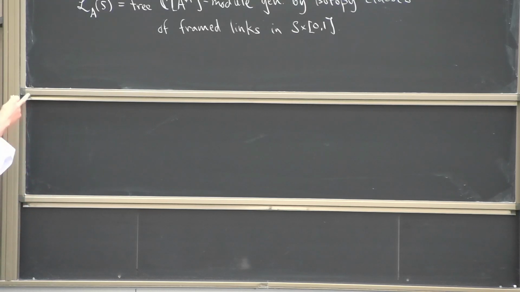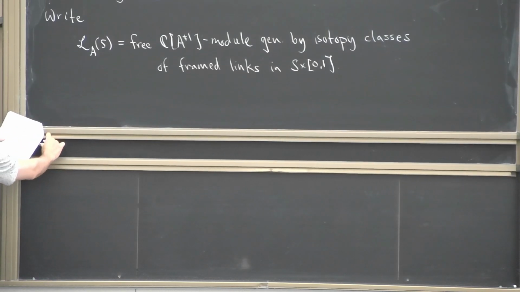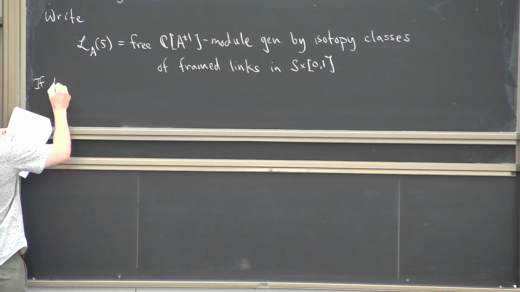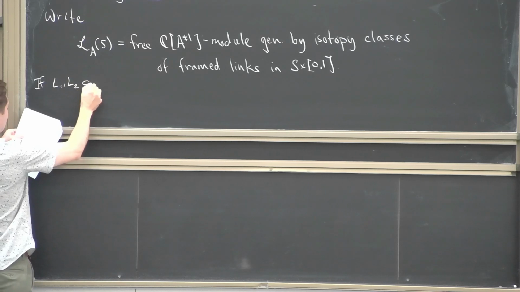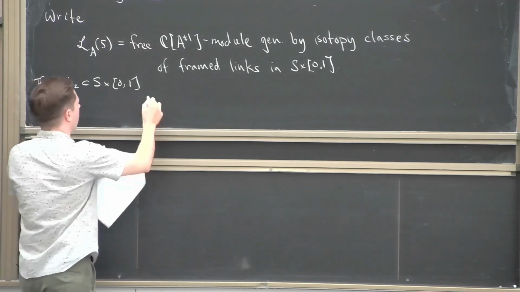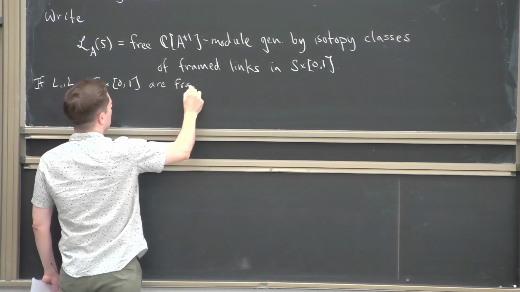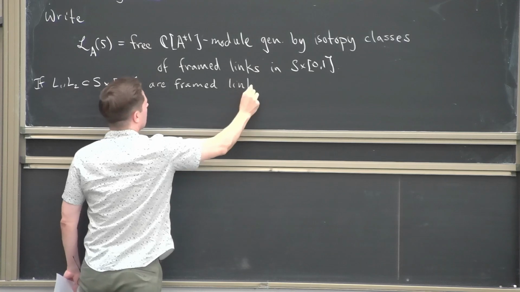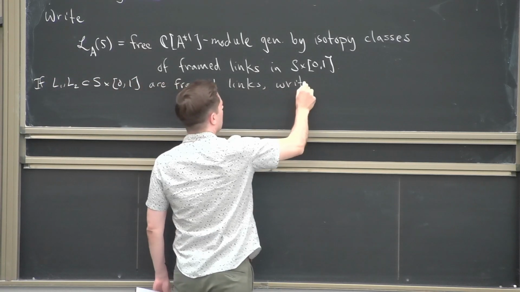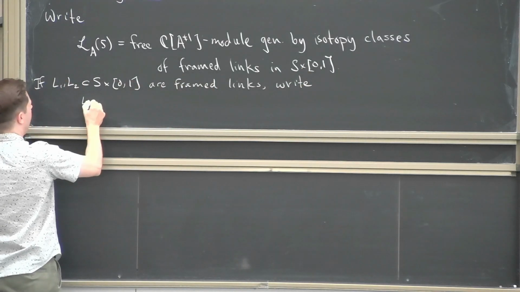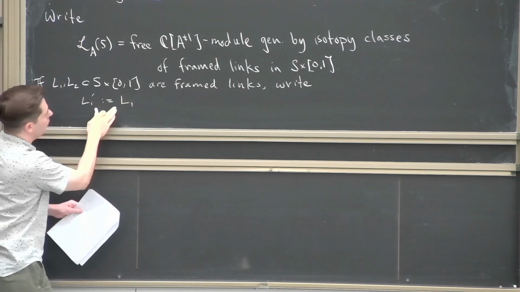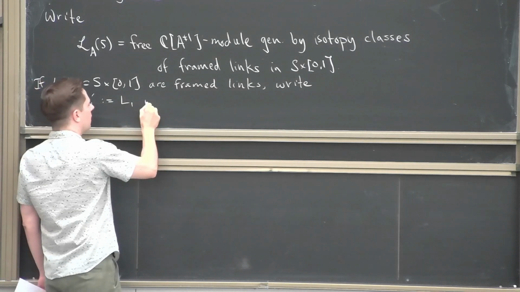So now, this is some module, but I can give it an algebra structure in the following way. If L1 and L2 are framed links in S times 0, 1, then let's write L1 prime to mean the link that we get from L1 by applying an isotopy.